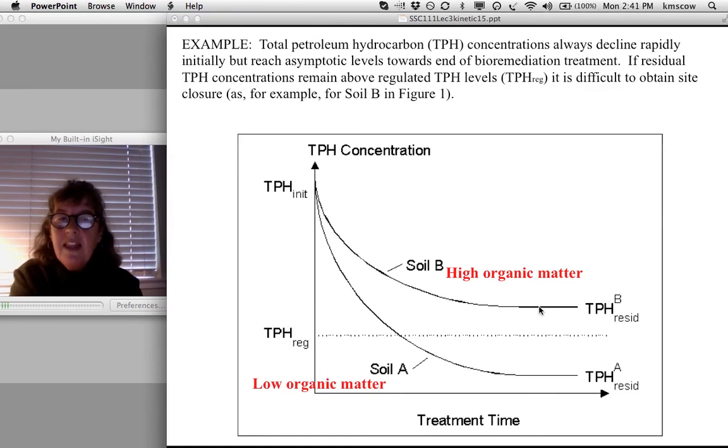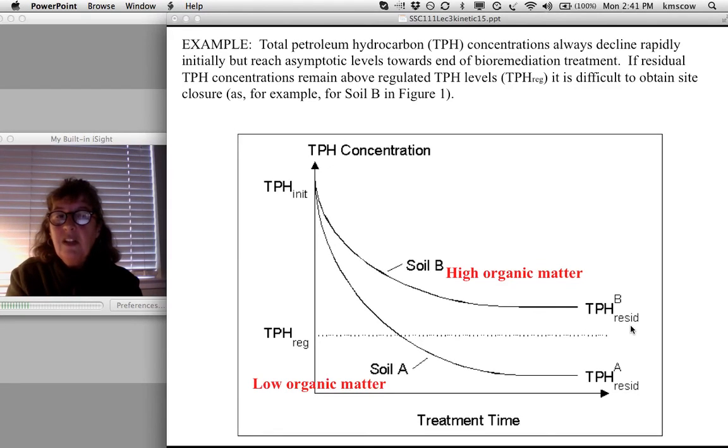And it may be that it'll take forever, or maybe you'll never get to below the regulatory concentration, the concentration that's seen to be safe, and it'll persist for a long, long time.